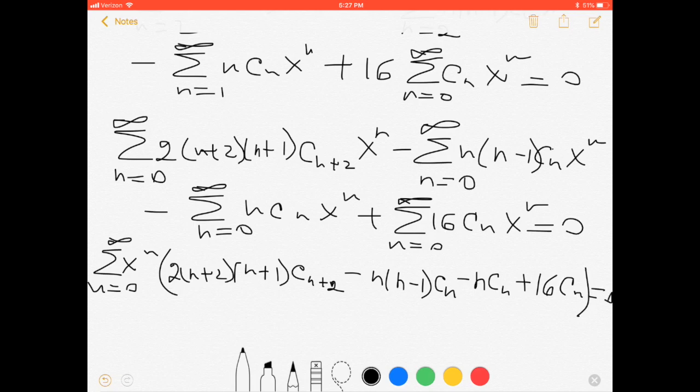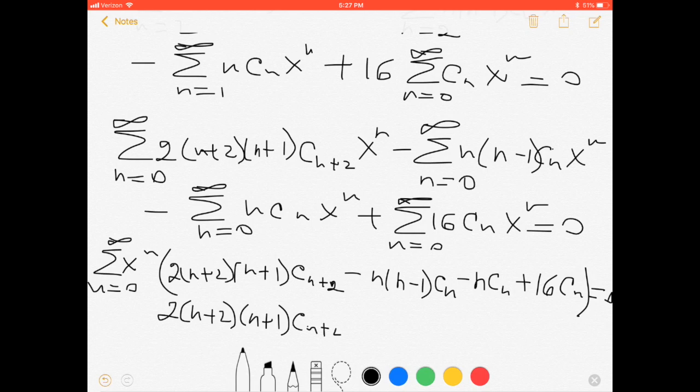All of it needs to be equal to 0. This means each coefficient needs to be equal to 0. Okay? If we write all together, we have twice (n plus 2)(n plus 1) C n plus 2.